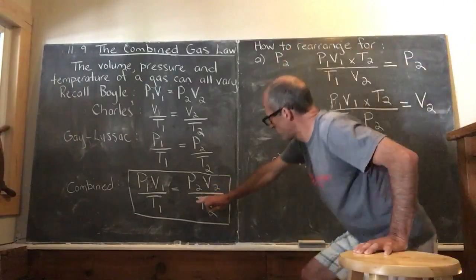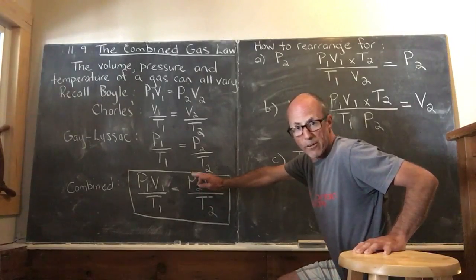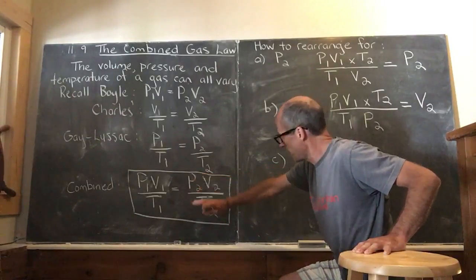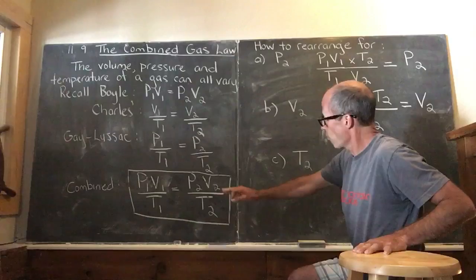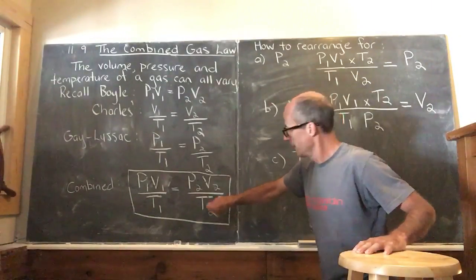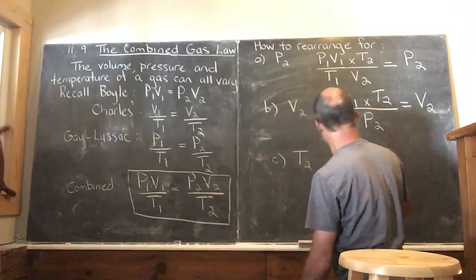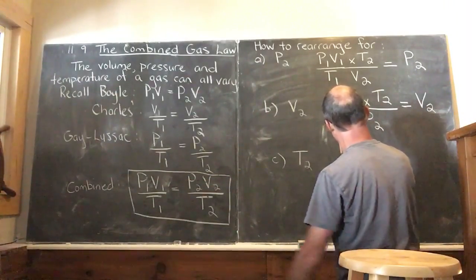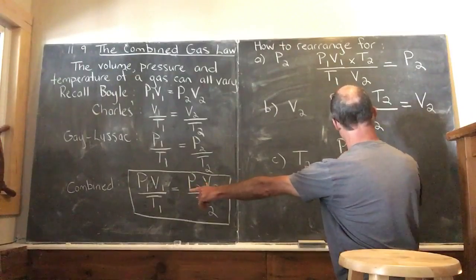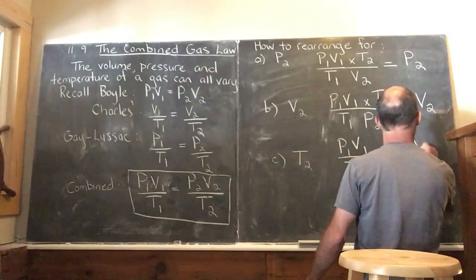It's always better to get your unknown variable in the numerator or on the top as opposed to being on the bottom. So we're going to move T2, in this case, from the bottom on the right side to the top on the left side. And what I'm going to do is rewrite this entire equation out again so that we can see what's going on. So here it is.